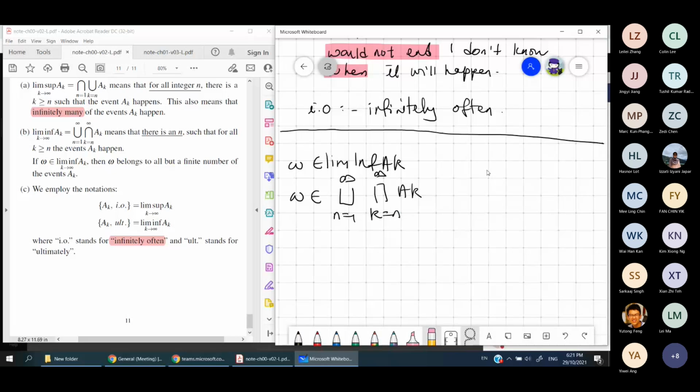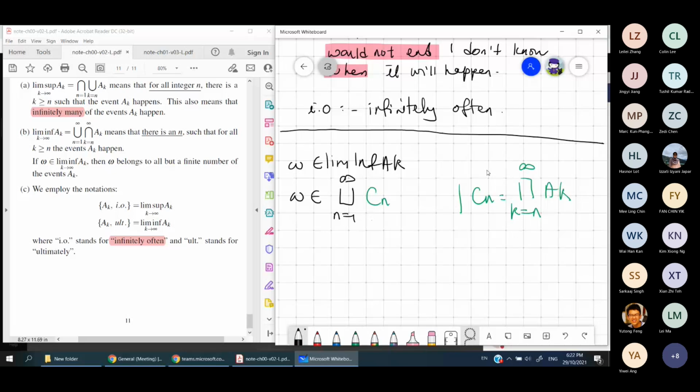Maybe I will just put this one as C_n, so that will be a better picture. Here, C_n will be the intersection of k running from n to infinity. So omega belongs to the union of it.